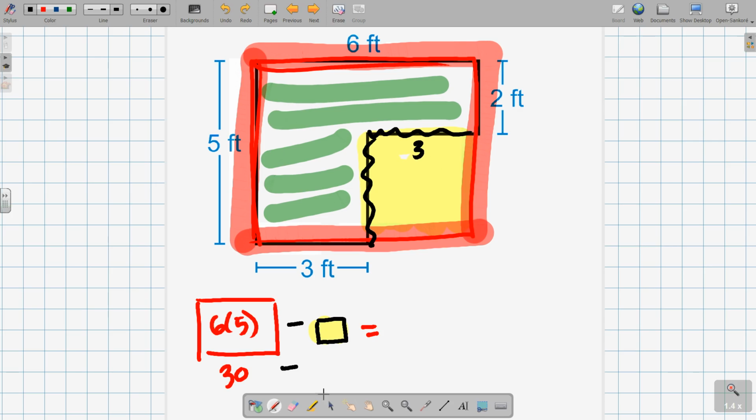That edge is 3. Use your finger. 5. That's 5. That's 2, which makes this also 3. So 3 times 3, 9. 30 minus 9, 21 feet squared.